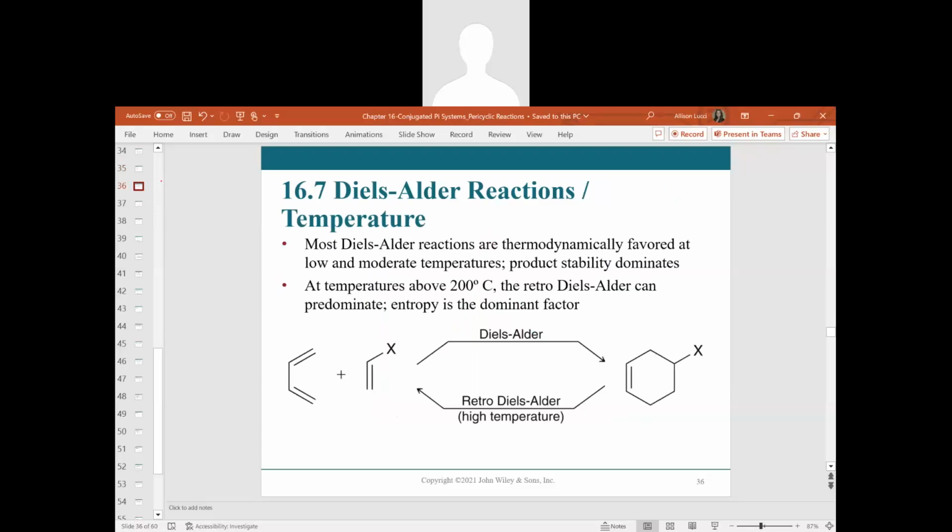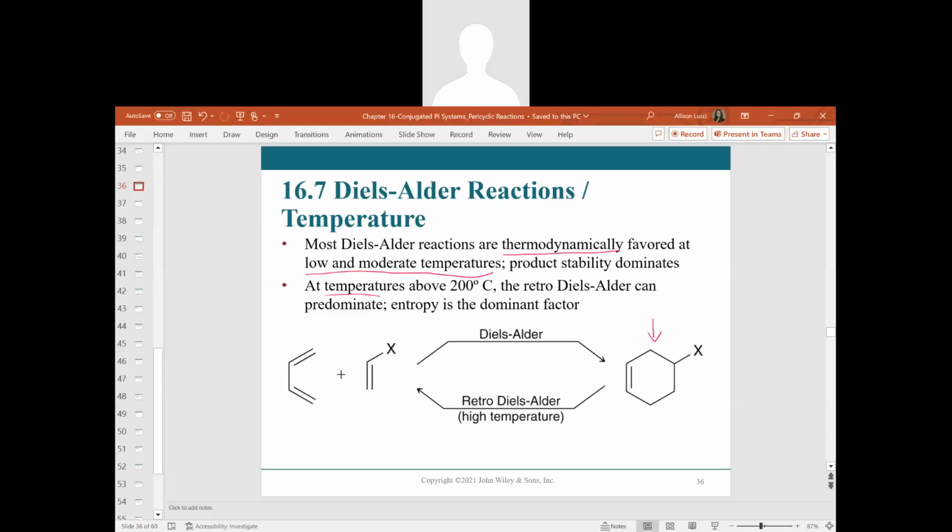You can also notice here that these reactions are able to be thermodynamically controlled. We see that the Diels-Alder product is favored at low to moderate temperatures, and the product stability would dominate. So that's why we have this more stable product shown over here on the right.